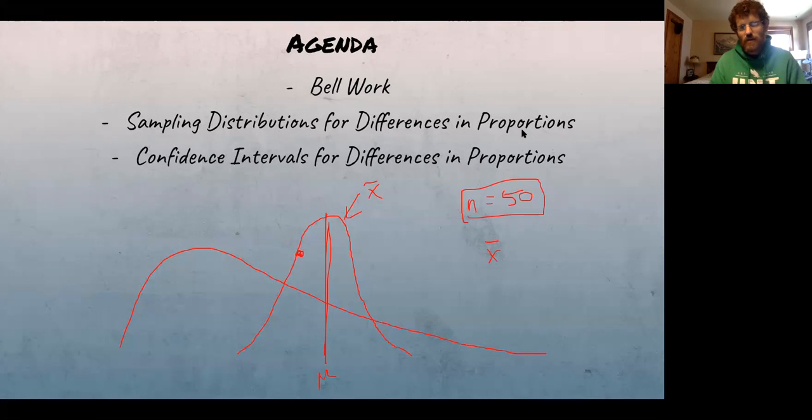Hopefully these are good reminders. I know that a sample of size 50 won't stray too far from the mean. If I went to the population, an individual could be way down here, way up here, but an average of 50 people from this population is going to be approximately normal.